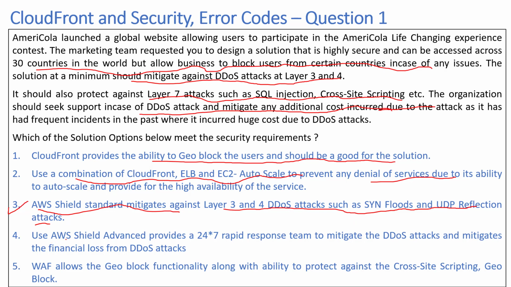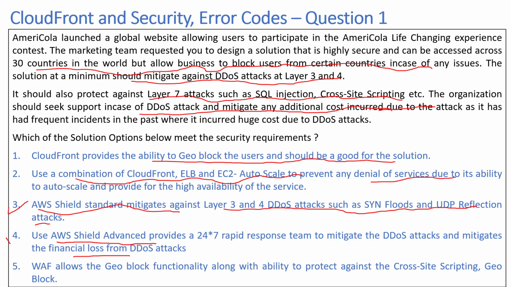Now the next one is use AWS Shield Advanced, which will provide you a 24/7 rapid response team to mitigate the DDoS attacks and mitigate the financial loss for DDoS attacks. So that's correct. If you enable AWS Shield Advanced, it will provide you a 24/7 rapid response team, and also any charges that you incur or financial loss that you incur would be reimbursed.